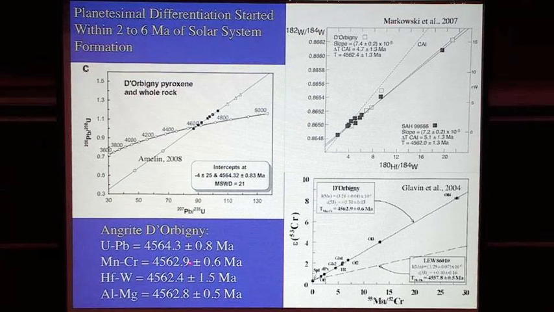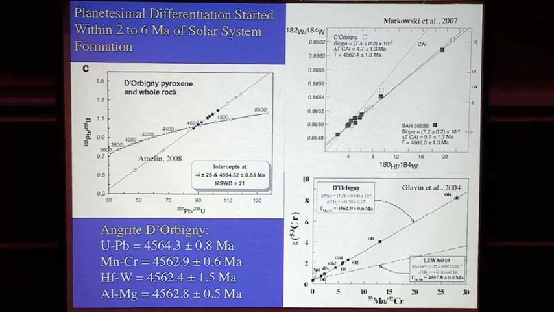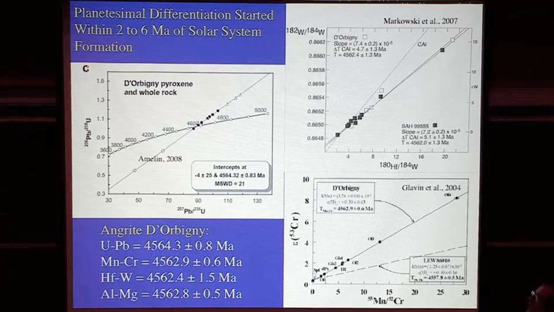So what this is telling you is that within, let's say, 1 million year precision, you've got the same age of these angritic meteorites, and this age is within something like 4 or 5 million years of the calcium aluminum rich inclusions. So from the time you went from forming 1 millimeter diameter aggregates of calcium and aluminum, these refractory solids, you've grown a planetesimal big enough to undergo melting, make a basaltic melt and erupt it on its surface and crystallize it.